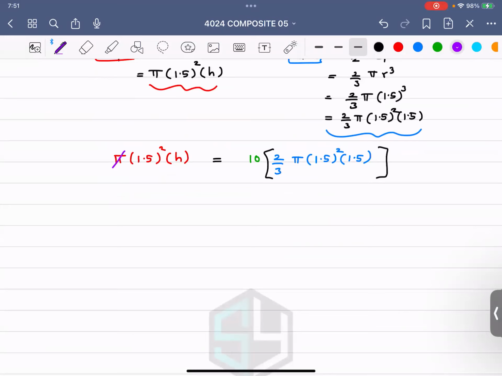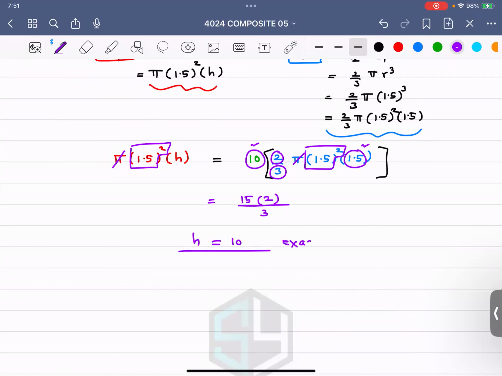Therefore, the pi's cancel out. 1.5 square and 1.5 square cancel out. No need to use the calculator till this moment. And then we have 10, we have 2, we have 3, we have 1.5. So let's take 10 into 1.5, which is 15. 15 into 2 divided by 3. That's 30 over 3. That is 10. So h is 10.